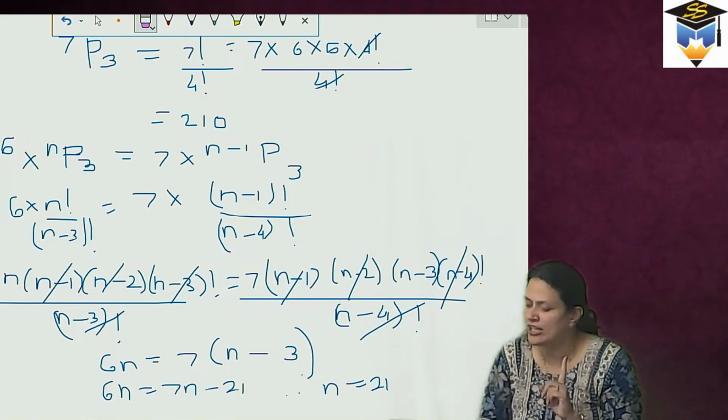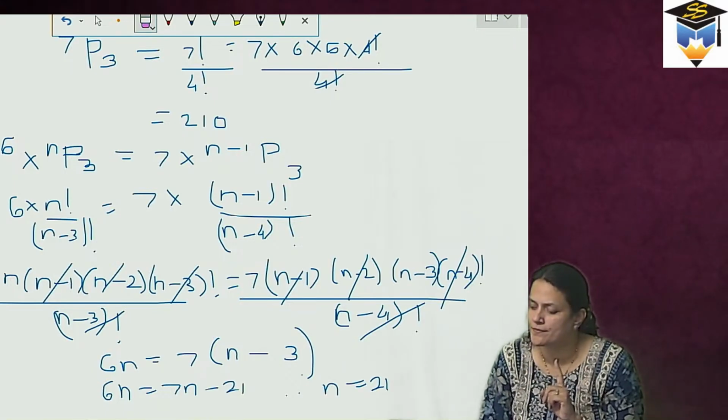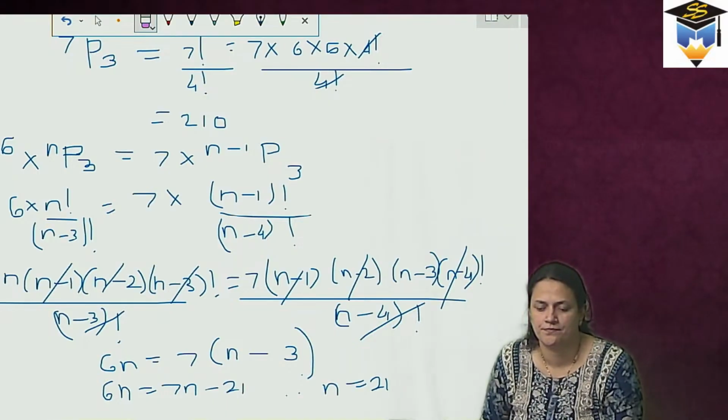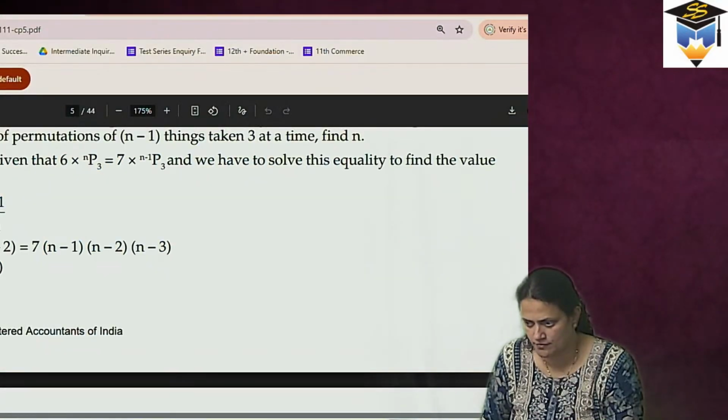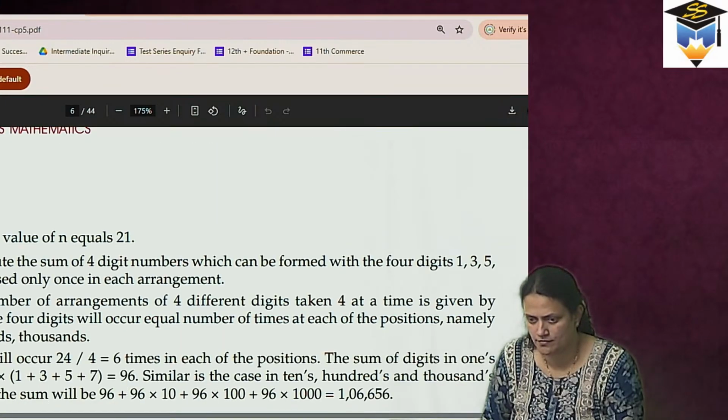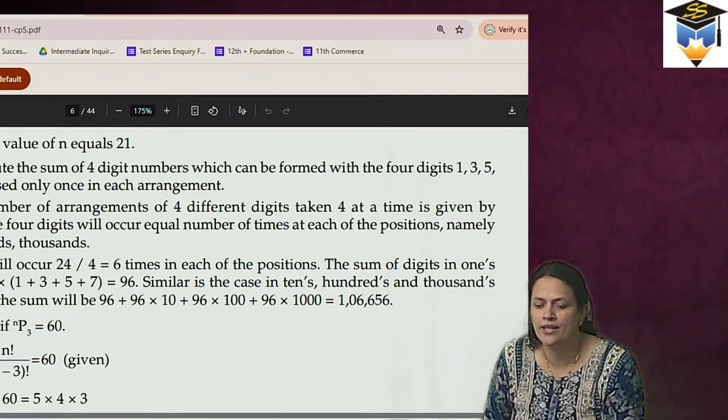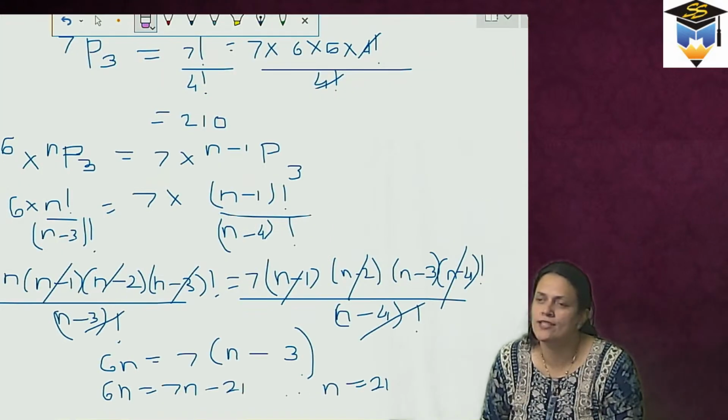If you don't understand, feel free to ask. So the value of n is nothing but equal to 21. Understood this, all of you?